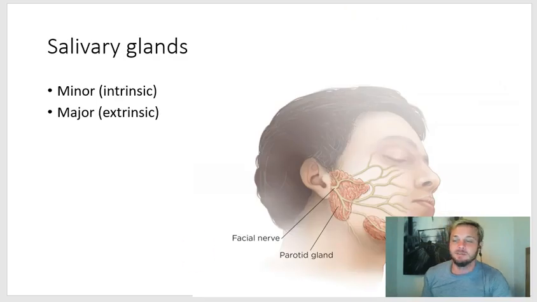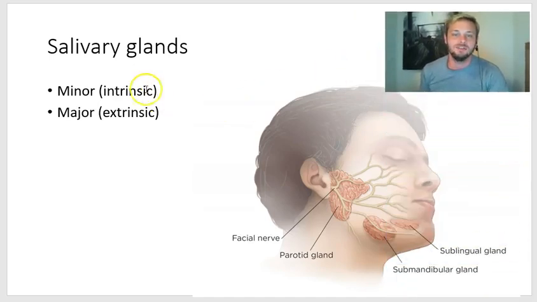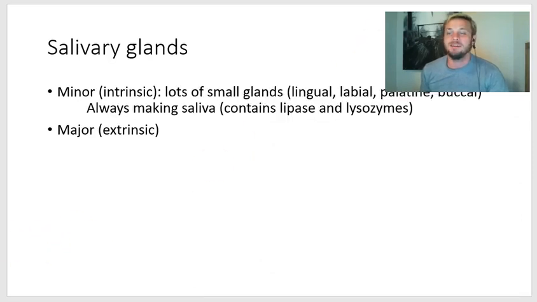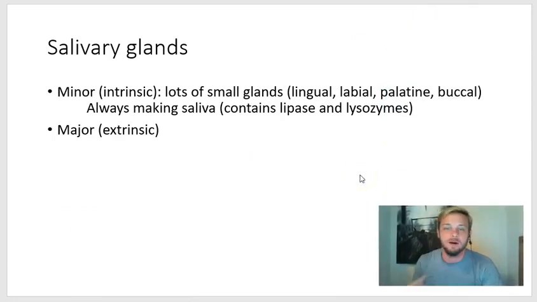Speaking of these salivary glands, we have two major types. You have major and minor, or intrinsic and extrinsic salivary glands. The intrinsic ones are going to be ones that are found in the mouth. So you have lots of little glands all over the mouth, on your tongue, on your lips, on your palate, on your cheeks.